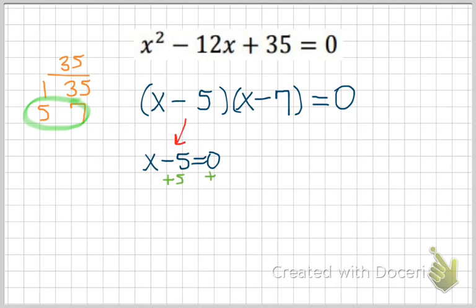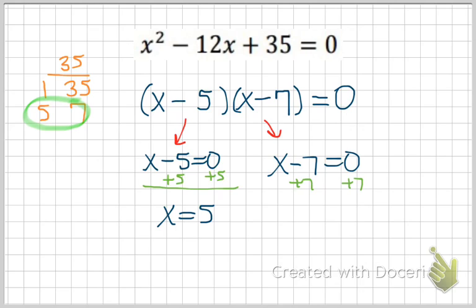So we're going to add the 5 over, which means x becomes a positive 5. So that's one of the solutions. We set this other linear factor equal to 0 as well. So x minus 7 is 0. We move the 7 over, and we realize that 0 plus 7 will make the 7 a positive 7.